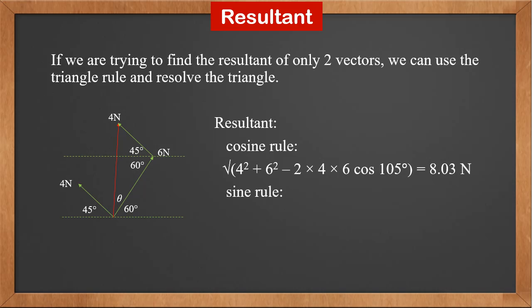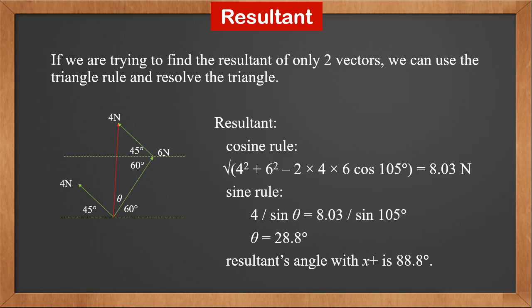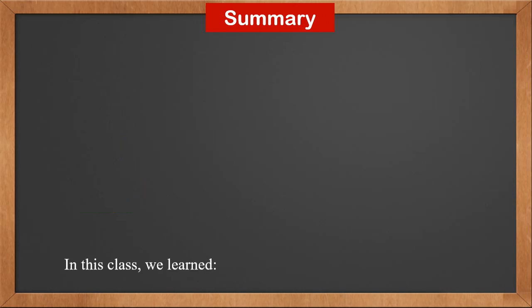We can use the sine rule to find theta. 4 over sine theta equals 8.03 over sine 105 degrees. Using the calculator, we can find theta as 28.8 degrees. Therefore, the resultant's angle with x positive is 60 plus theta, which is 88.8 degrees.